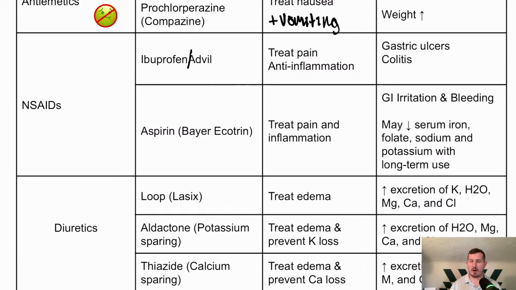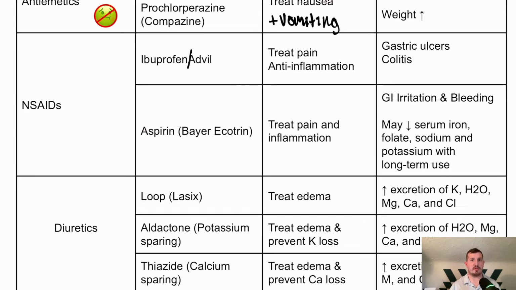And then they all do tend, and I think it's little known because a lot of people just take ibuprofen every day, but it can cause stomach issues, specifically in your stomach. Gastric ulcers are very common if you take these long term. GI irritation and bleeding can occur. Colitis is very common as well with long term use of things like ibuprofen.